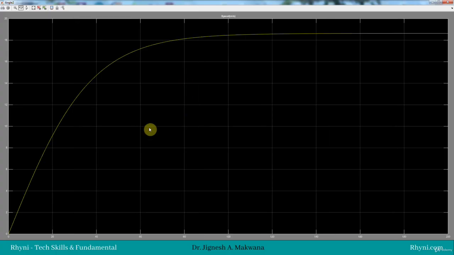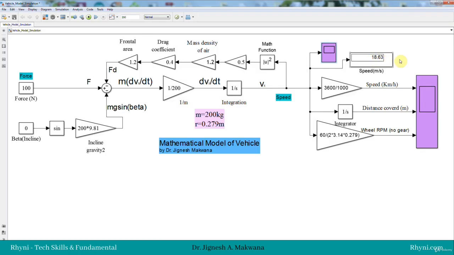So we see this is now our actual response, the exponential response of the differential equation, and we can see the steady state speed is 18.63 meter per second.